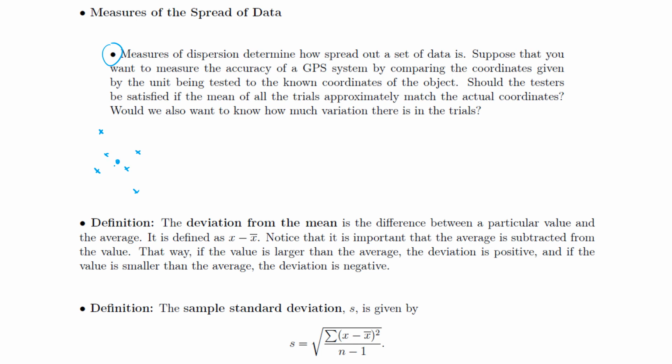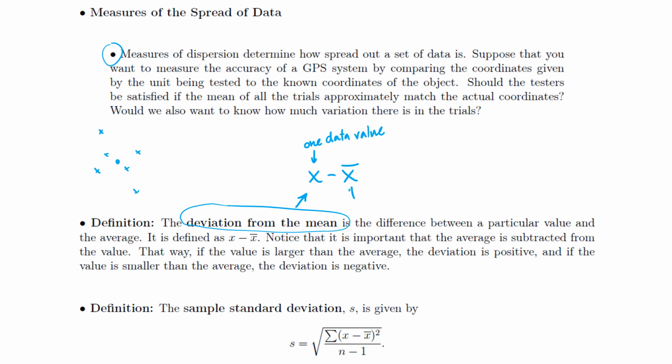And so that brings us to this definition down here. So first of all, the deviation from the mean. The deviation from the mean is something that I can compute for each individual data value. Remember that x is just going to represent an individual data value, one data value.